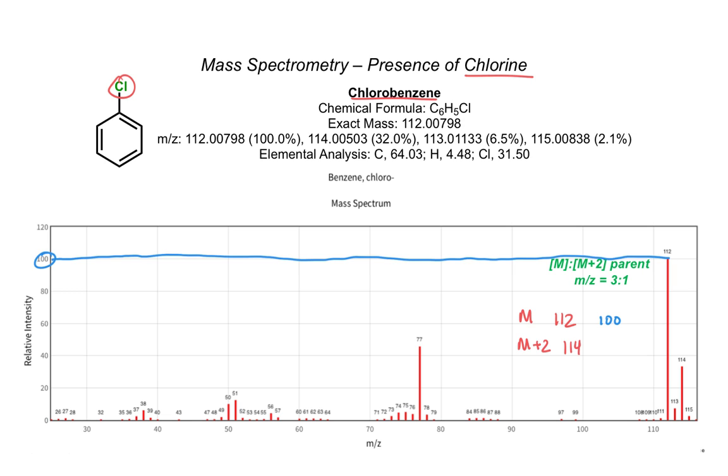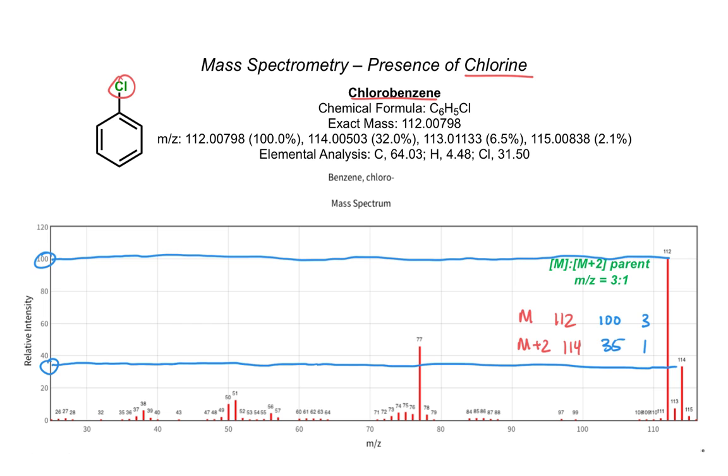Now, if we do the same thing for the peak at 114, that's hitting right about 35% abundance. And so the ratio of those is 3:1.